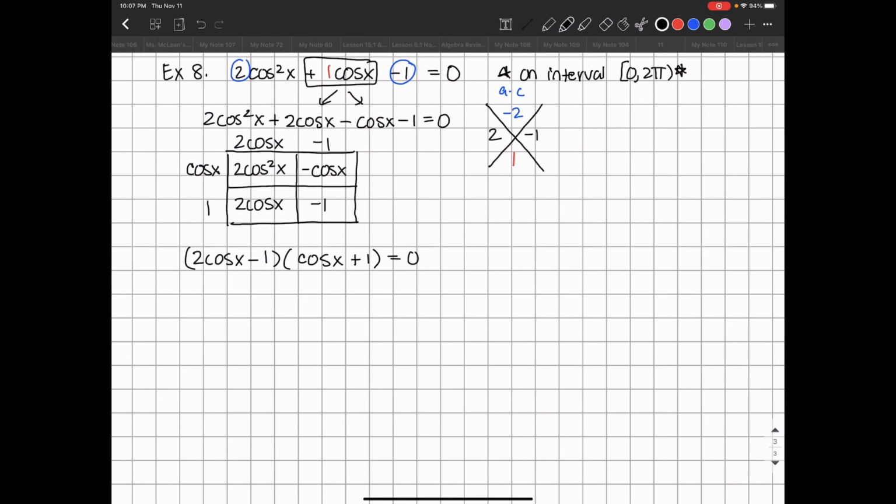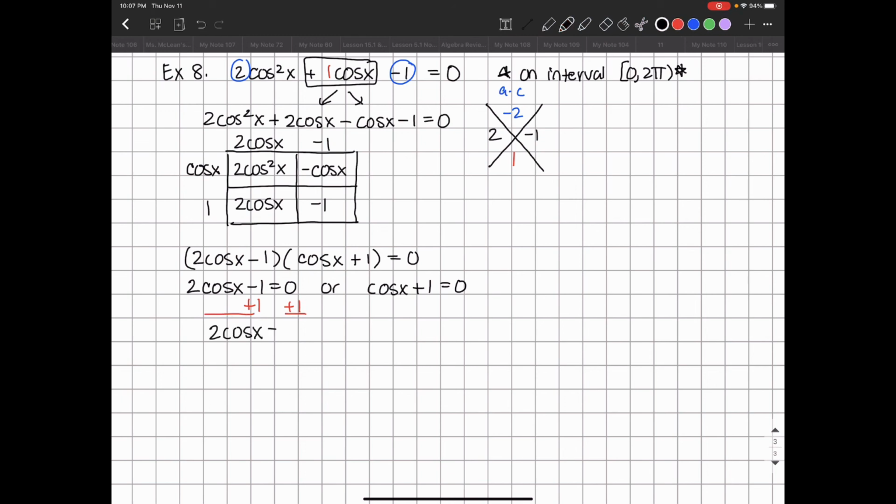By the zero product property, I can say that 2 cosine of x minus 1 is equal to 0, or cosine of x plus 1 is equal to 0. I'm going to solve these two equations now. It's just a little more work.